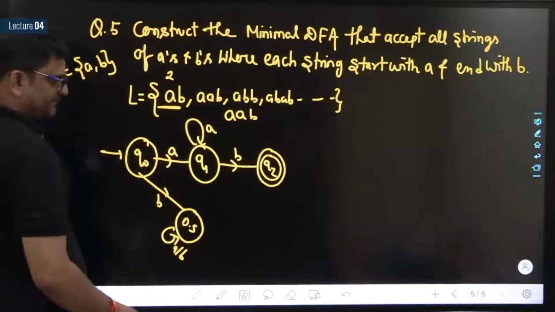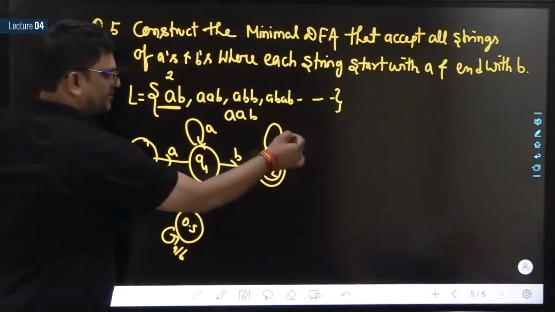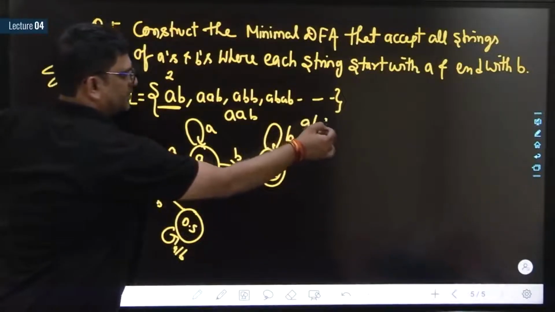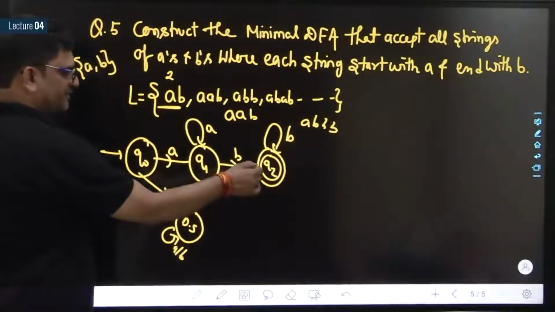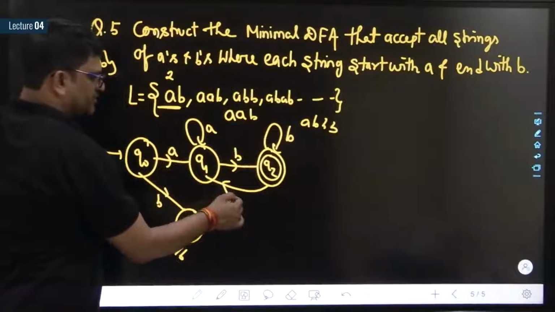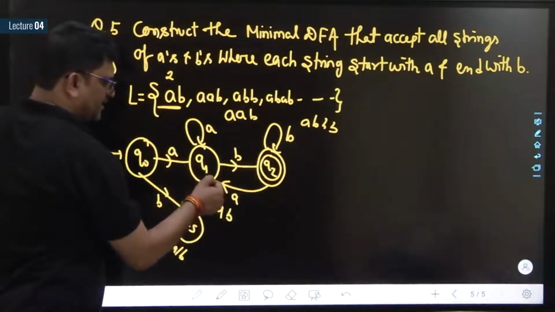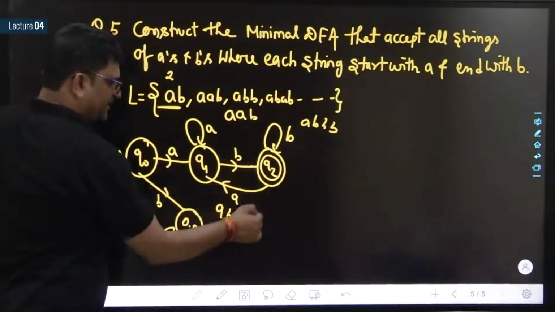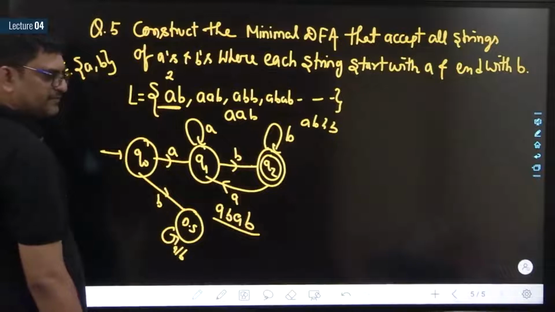Clear? Now B, because AABB is present in this language. Whenever A comes onto the Q0, it goes into the Q1, because AB is accepted by this finite automata.